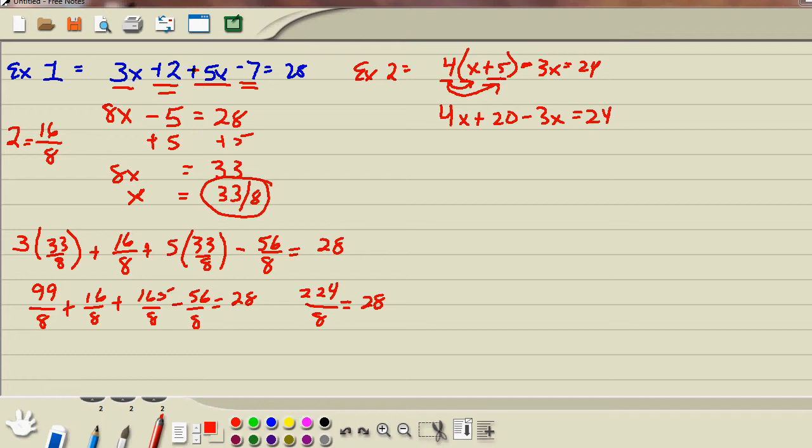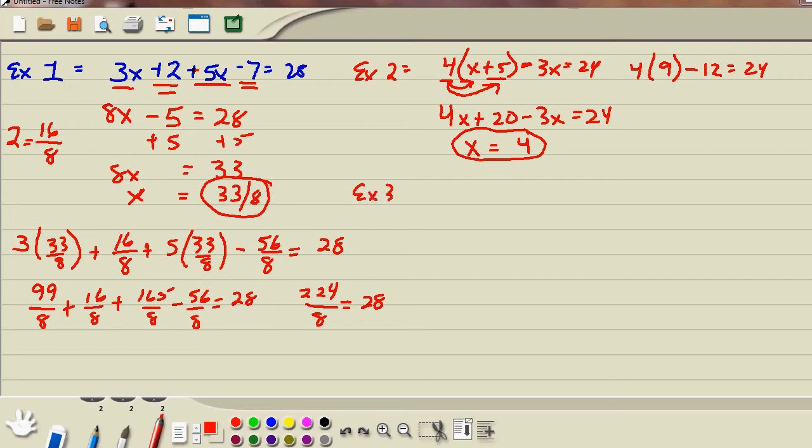Combine the like terms, and I get x, and I subtract 20 from both sides, and x = 4. I go back and I plug that in, and so it'd be 4 times 9 minus 12 equals 24, and it does equal, so we can just circle our solution.